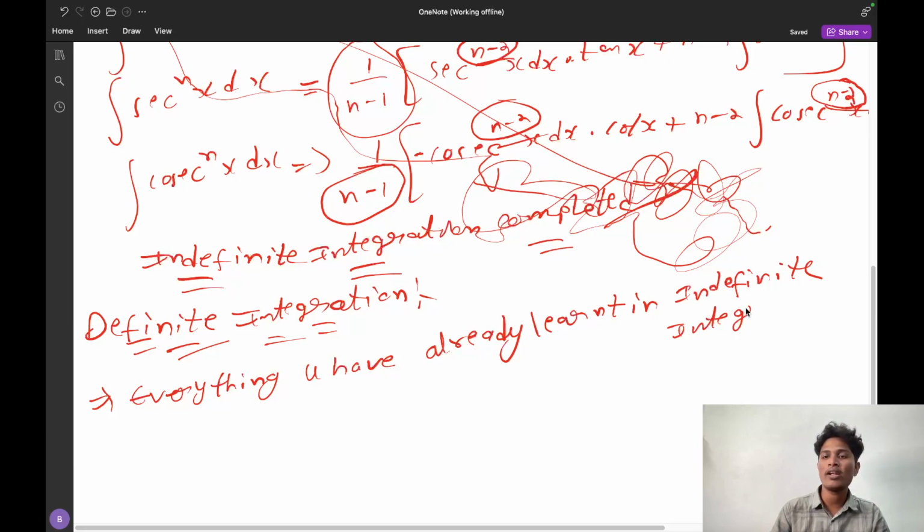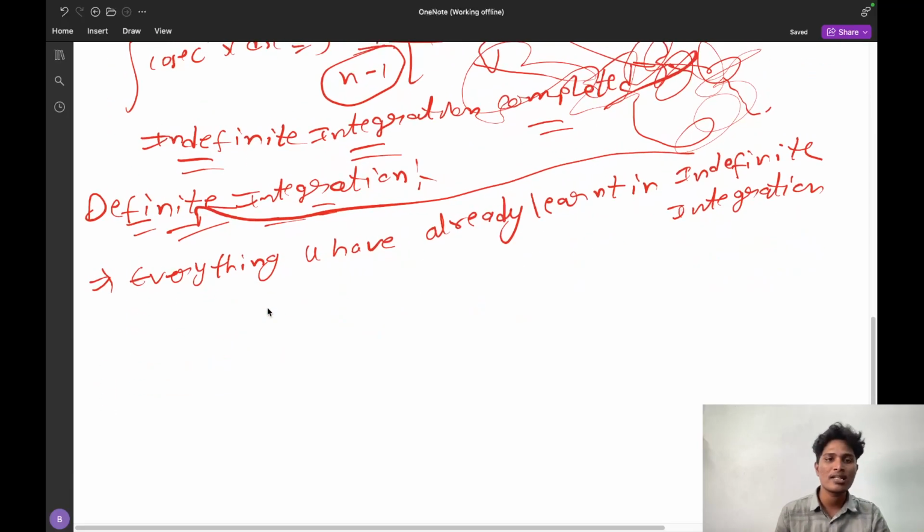How to solve indefinite integration? This is the same process in definite integration also. But in the definite integration, what is the difference? In the definite integration, we have to substitute the limits.